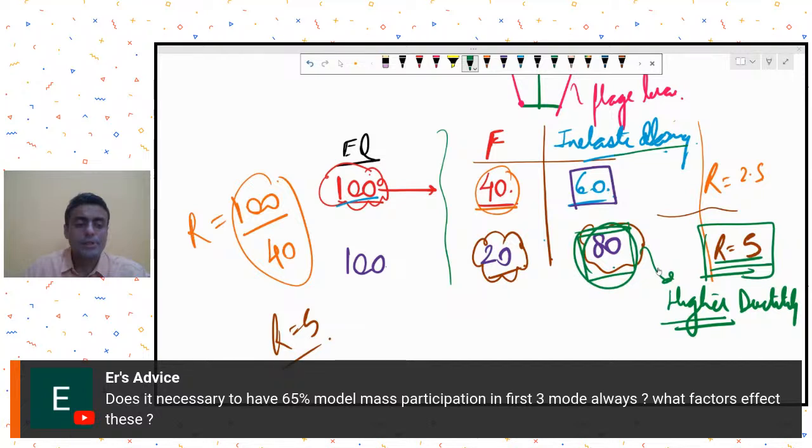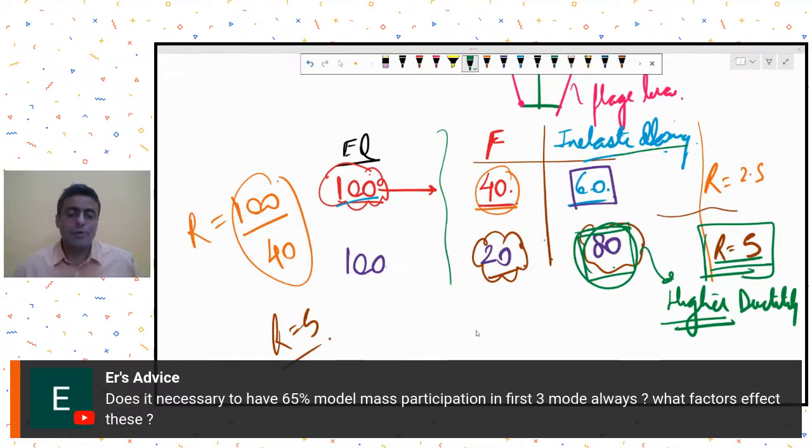Engineer's advice is asking, is it necessary to have 65% modal mass participation? Not the first three modes per se, but the first three modes which are contributing in the x direction or y direction.